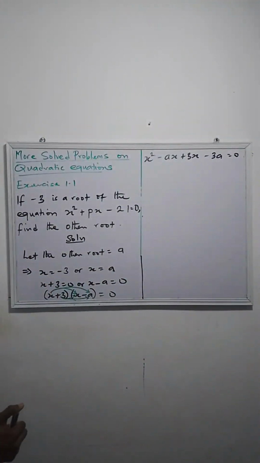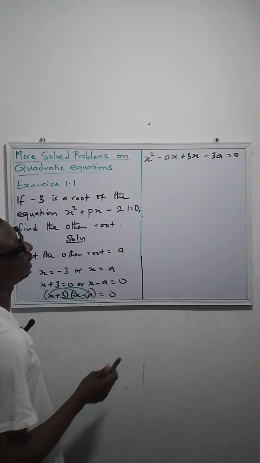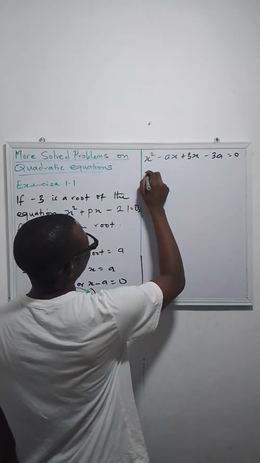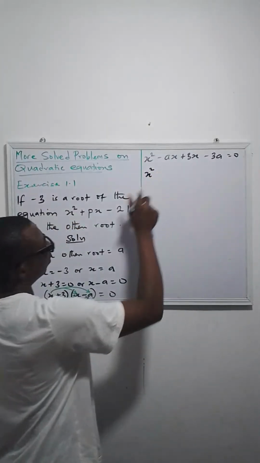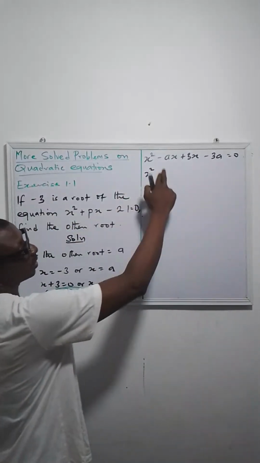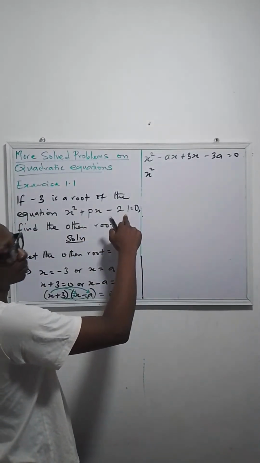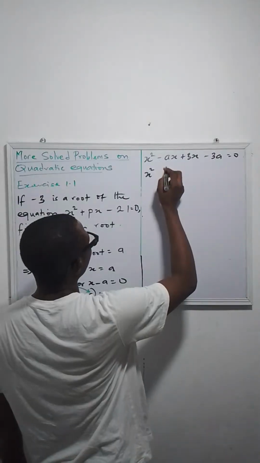Can we see that? Okay, so now we can write this as x squared minus a plus 3x minus 3a equals 0. I'm comparing this with the equation here because what I have now is going to be the same thing as the equation here.